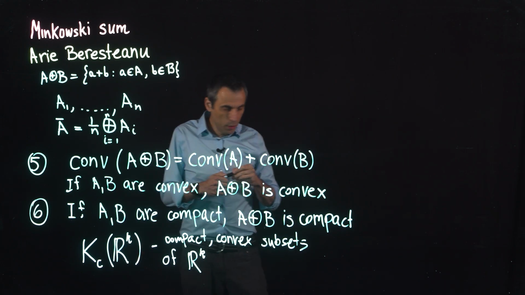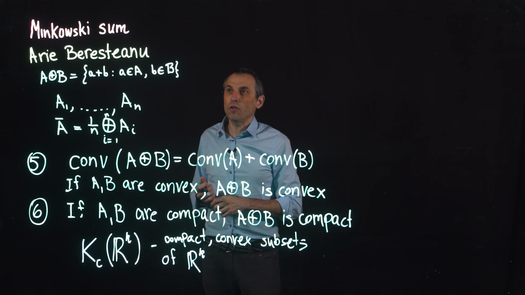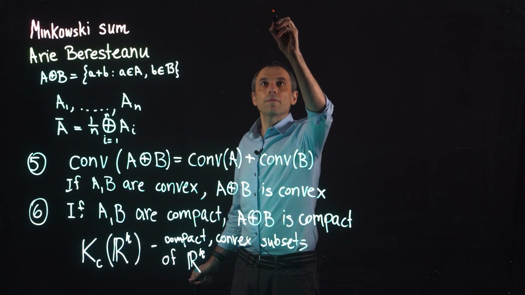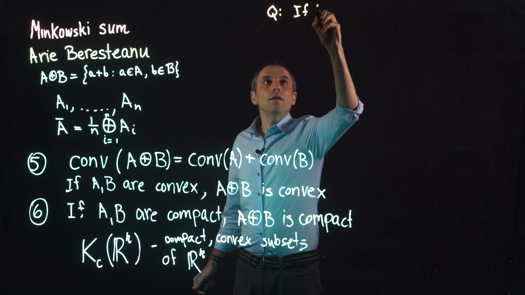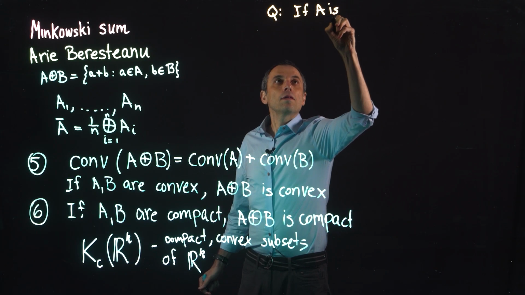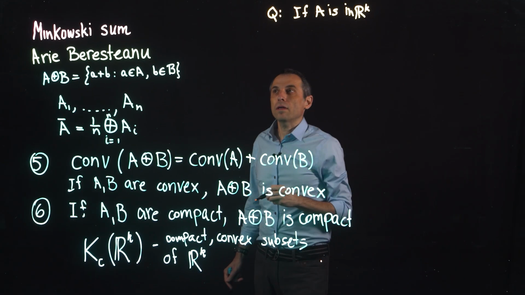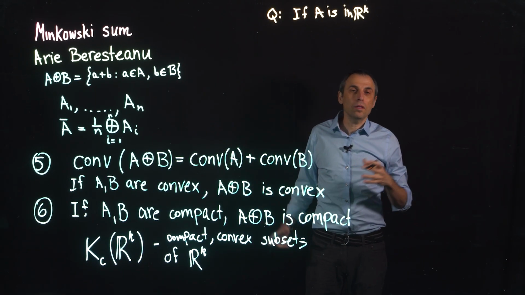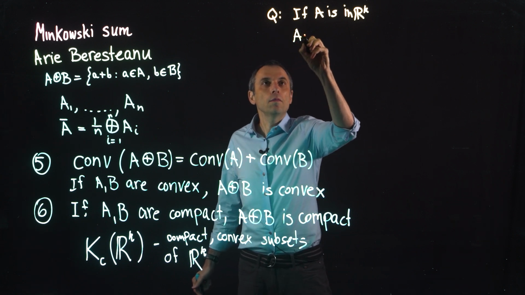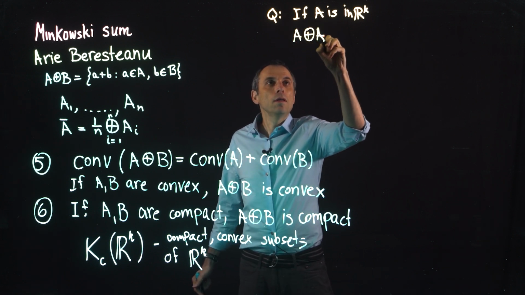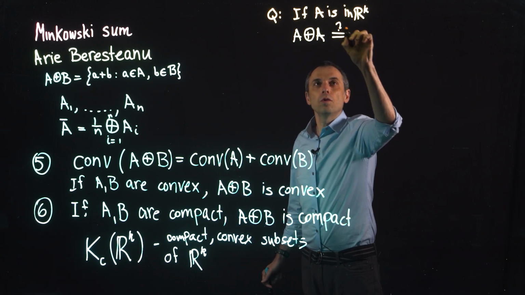Now here are some quirks and some things to keep in mind about the Minkowski sum. Here is a question. If A is a set in Rk, some set, I didn't say anything about it, and I'm looking at the Minkowski sum A plus A, is it equal to 2 times A?